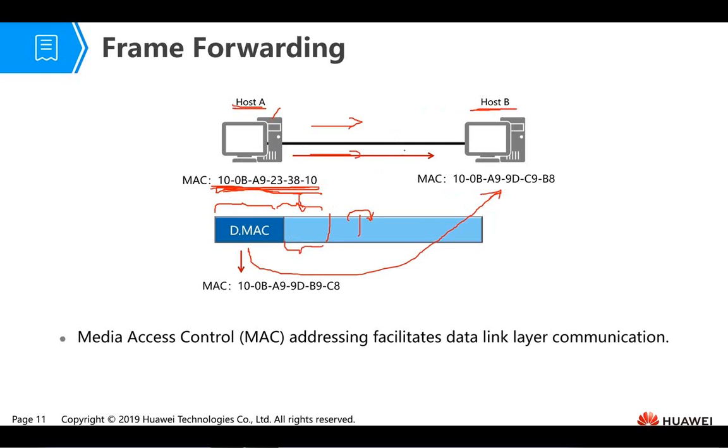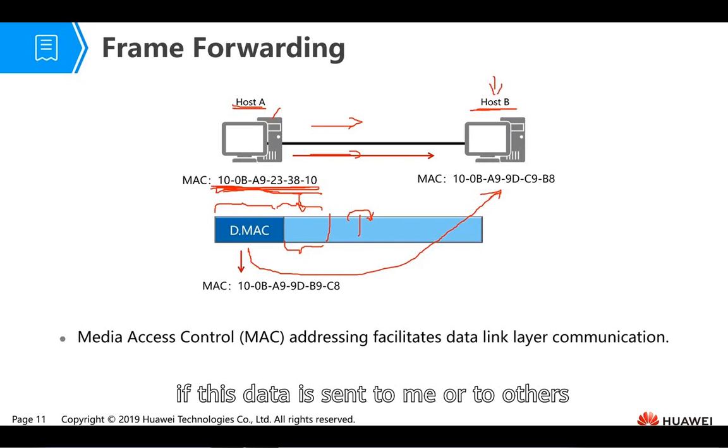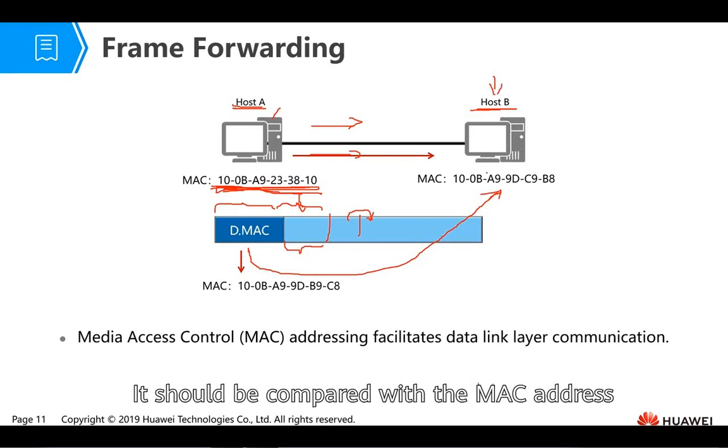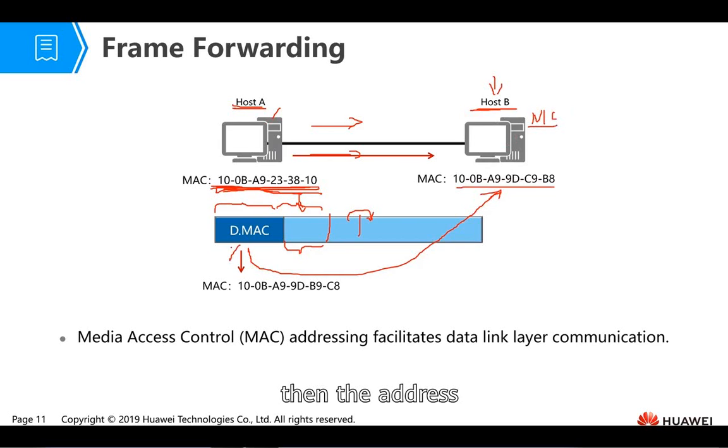The host receiving this data will decide if this data is sent to it or to others. It compares the MAC address of its own network interface card with the address in this frame. If it's the same, that means the destination of this frame is itself. If it's not the same, then just drop it.